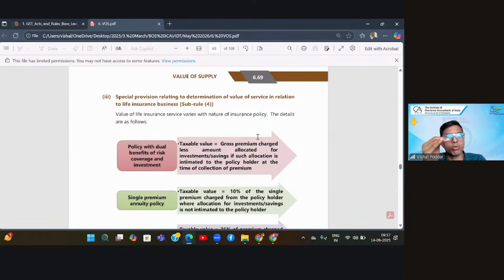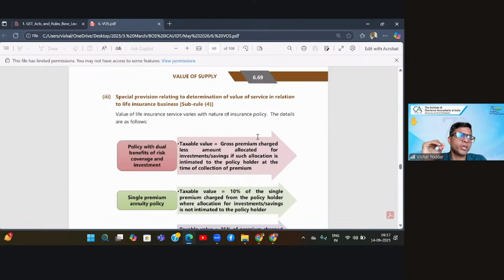Important to notice, in life insurance there are two types of policies. One is the endowment policy and one is the term policy. What is the difference? When you take life insurance, generally the policy that we know is the endowment policy. What is this endowment policy? Let us say I have taken a policy of 20 years.